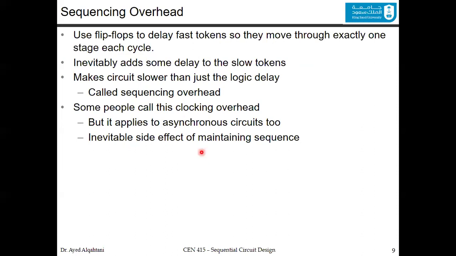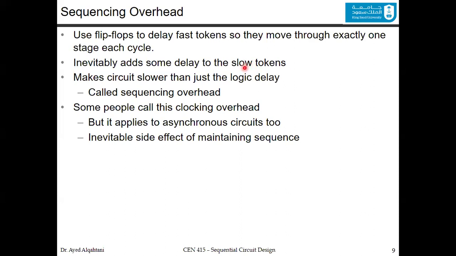Now, the sequencing overhead: we use the flip-flop to delay the fast tokens so they move through exactly one stage each cycle, and the clock is organizing them, as we said. But it inevitably adds some delay to the slow tokens. So you are actually making the fast ones slower, and even the slower ones become a little slower.